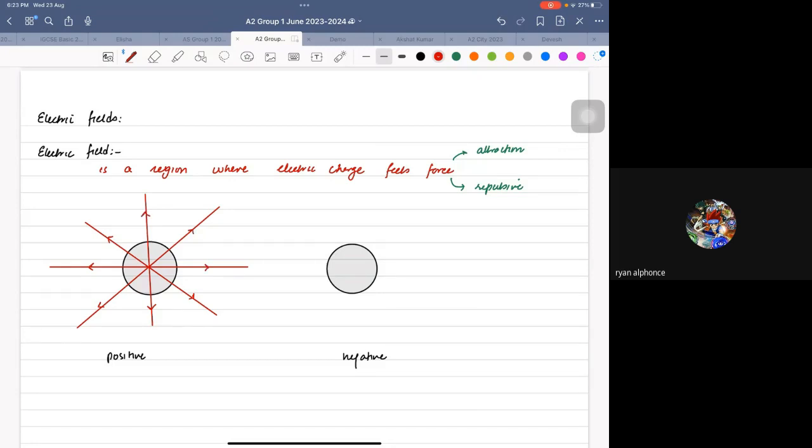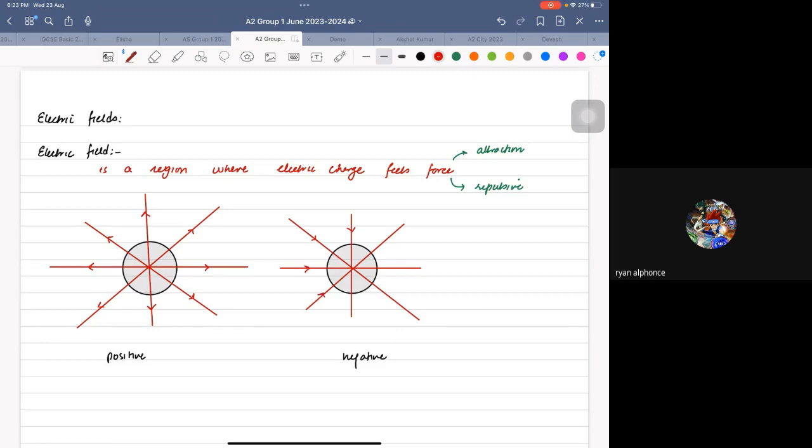Okay. However, when it comes to the negative charge, the field is going into it like that, or directed towards a single point within it. Okay, so it's going in.